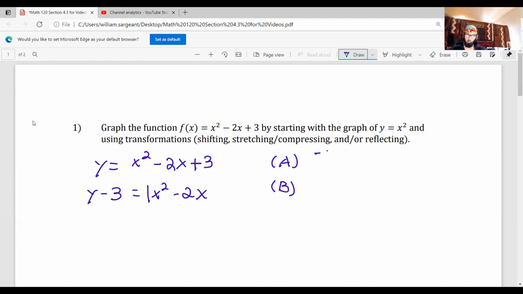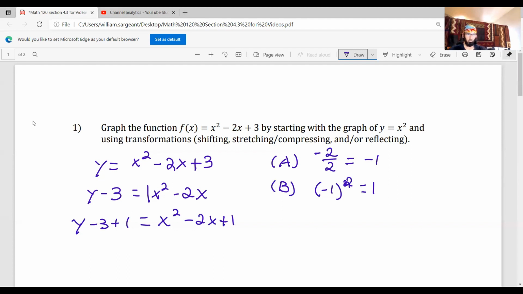But we do have a 1x squared, so half of what's in front of x to the first is negative 1. When you square that, you get positive 1. So add that to both sides. Don't backtrack.